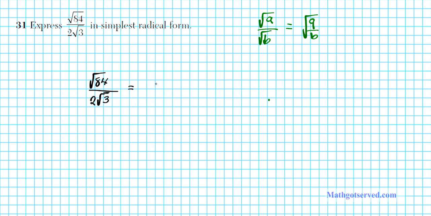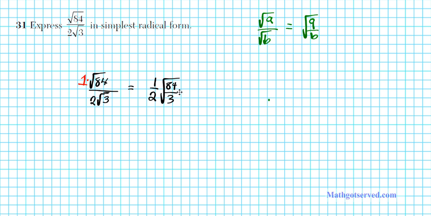This can be condensed into 1 over 2 times the square root of 84 over 3. Imagine there's a 1 in front of every number.